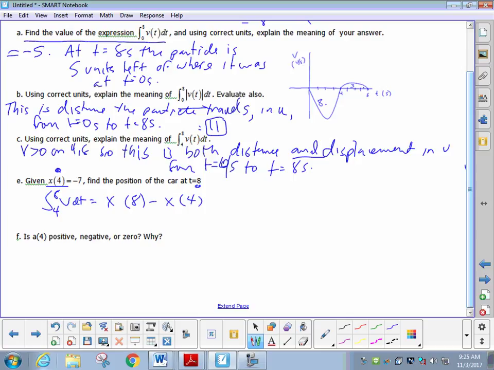If I solve for position at 8, it is position at time 4 plus the change. And that then is negative 7 plus, notice the hard equals. These are exact. These are approximations. 3. So, negative 4.